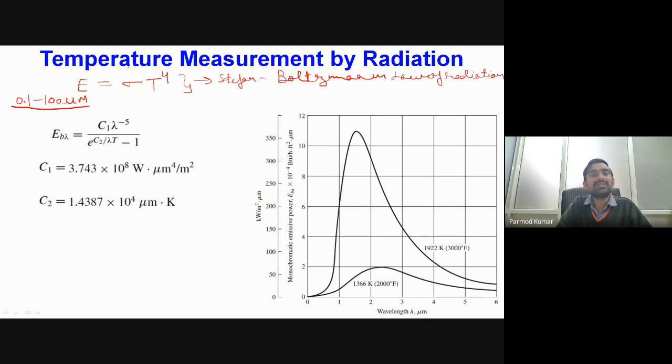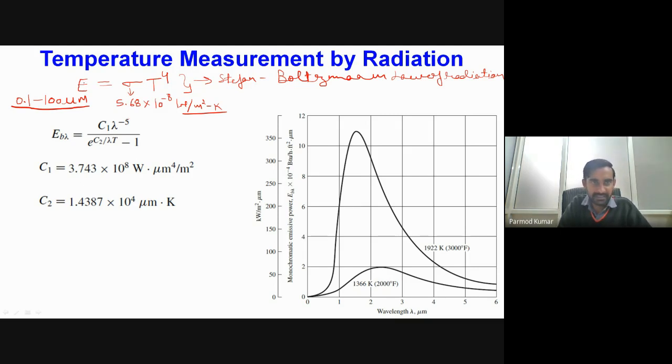In this Stefan-Boltzmann law, sigma is a constant, and its value is 5.68 times 10 to the power minus 8 watt per meter square Kelvin to the power 4. This represents the radiative heat flux from a surface.